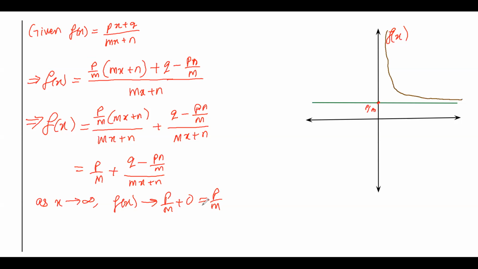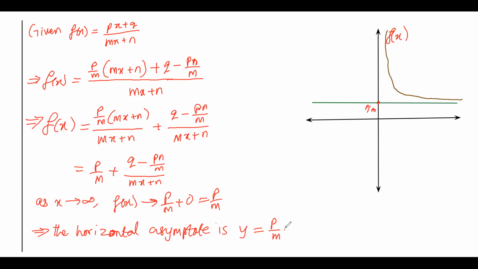So this is our equation. y is equal to this is the equation of the horizontal asymptote that we are looking for, which implies that the horizontal asymptote is y equals p over m, which is just the coefficient of x in both cases.